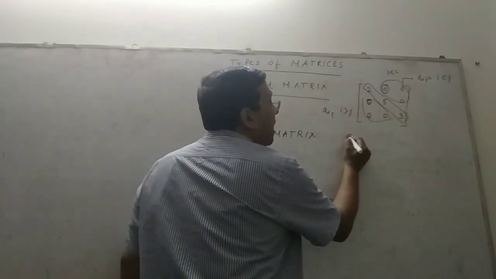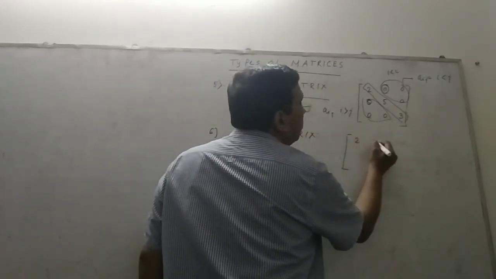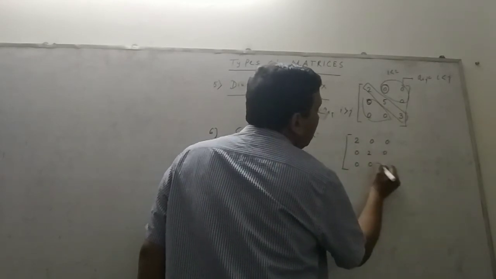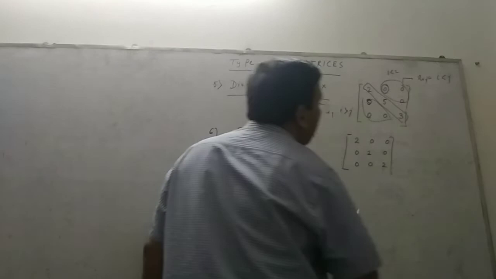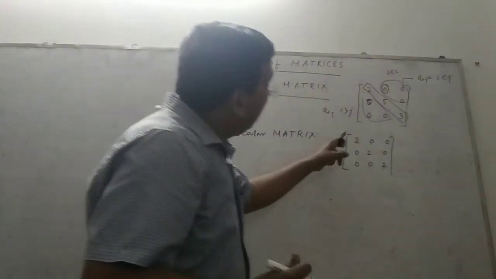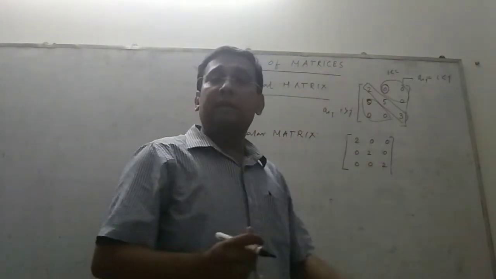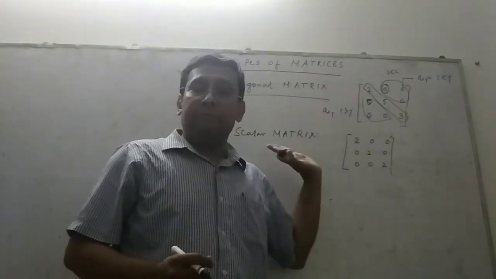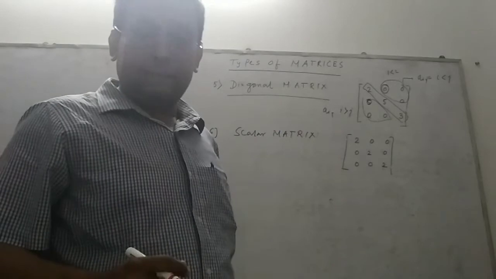Here I can give one example: 2 0 0, 0 2 0, 0 0 2. This is a diagonal matrix in which all the elements of the primary diagonal are the same. Then it is called a scalar matrix.